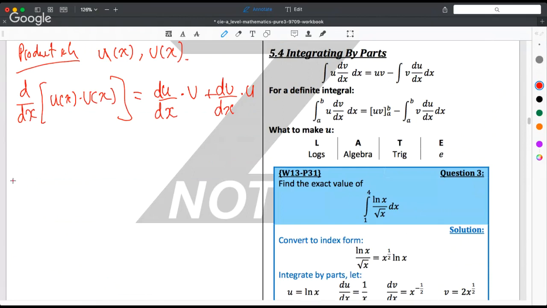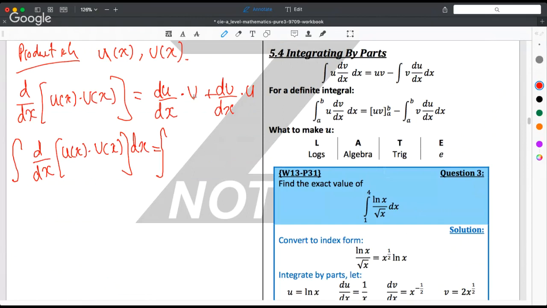So if we integrate both sides, we get the integral of a derivative. Don't forget the dx. If you ever do this proof or whatnot, if you ever integrate both sides of an equation, don't forget to put the dx. A lot of people forget that, and it's just not correct.